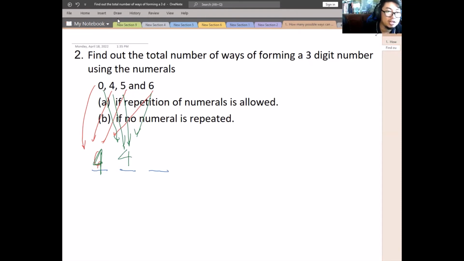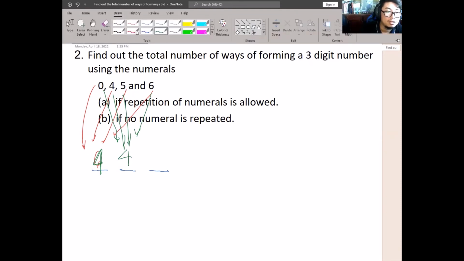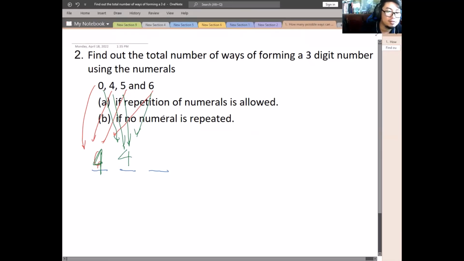And for the third digit, since the rule for letter A is repetition is allowed, we can also choose from all these 4 numerals. We can choose 0, 4, 5, or 6 in our last digit.